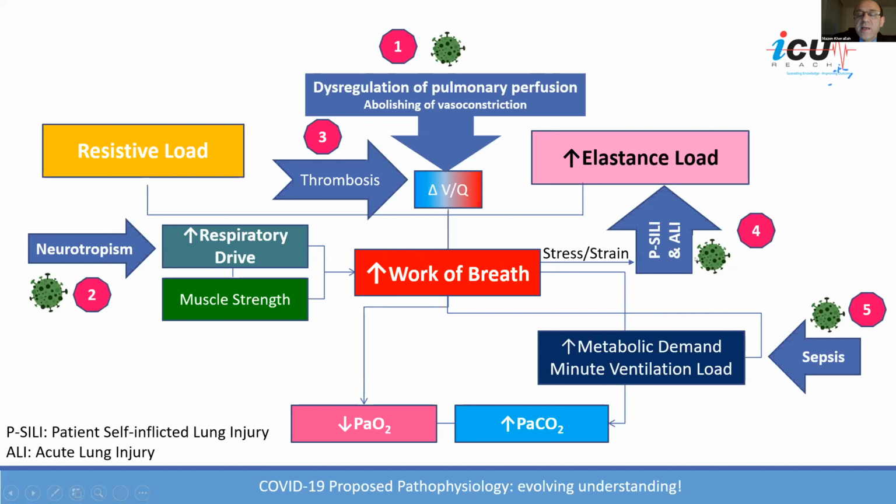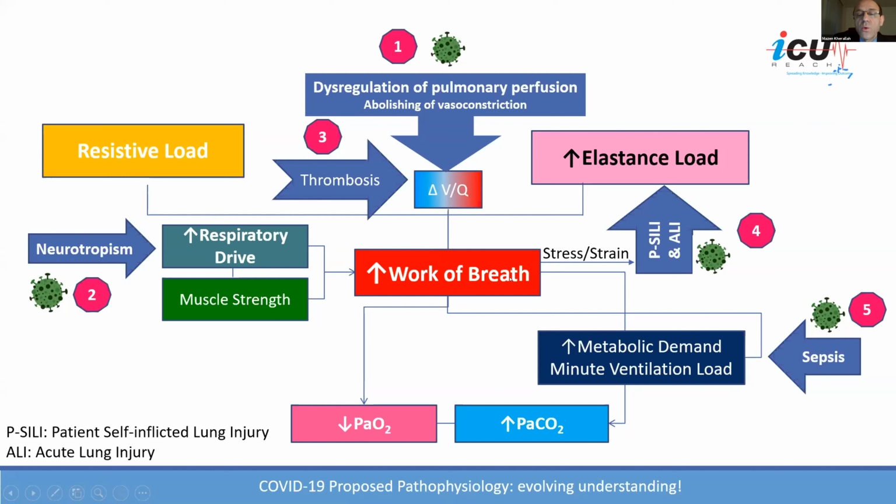Also, the virus has a severe inflammatory reaction in the lungs and causes direct acute lung injury. As a result, the patient will have increased elastance and increased work of breath. That increased work of breath is the main cause of what we call patient self-inflicted lung injury.